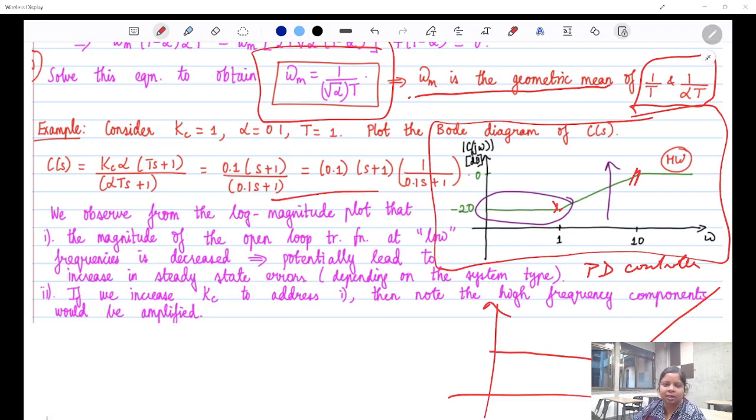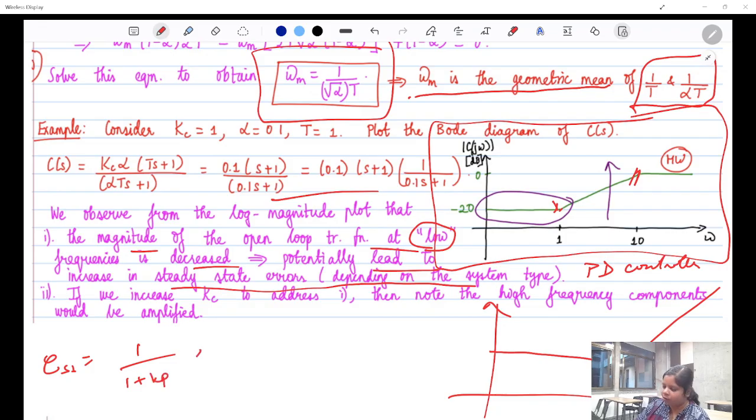So from this log magnitude plot, what do we infer? We infer that the magnitude of the open loop transfer function at low frequency is decreased, potentially leading to an increase in steady state error. Now, if I talk about steady state error, what is it? 1 upon 1 plus Kp, or 1 upon Kv, or 1 upon Ka.